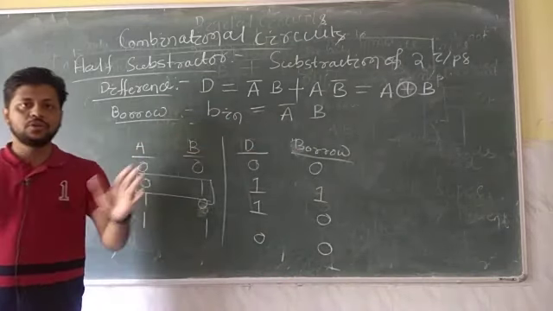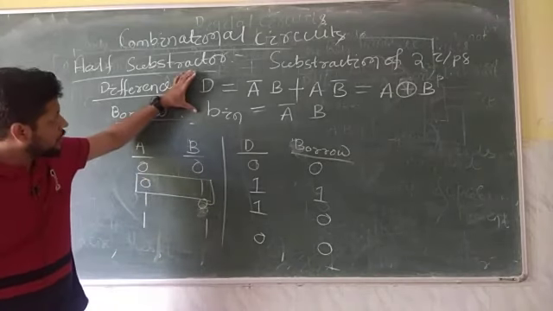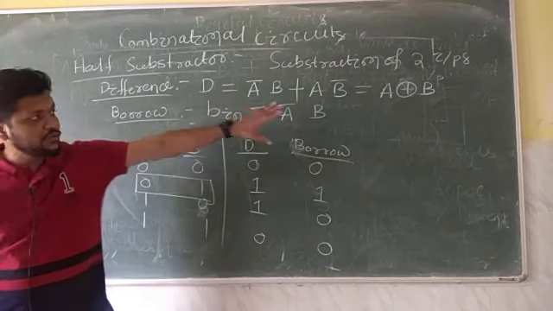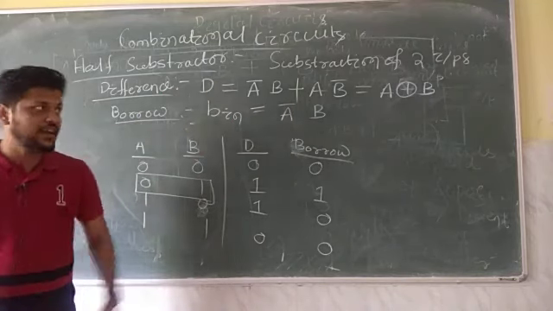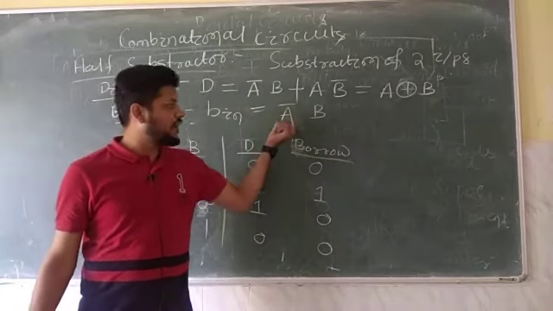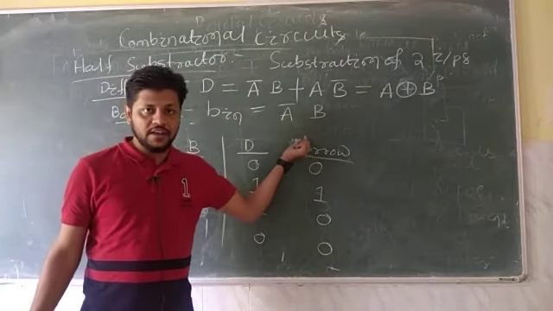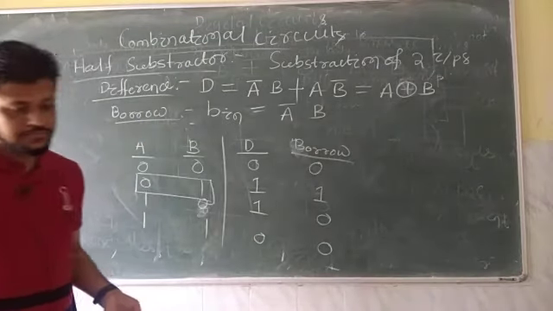Now we need to implement this, meaning the outputs D and B in terms of A and B, by using basic logic gates. So this is your XOR gate, and an additional NOT gate is required in order to get A bar. So how am I going to implement this? See here.